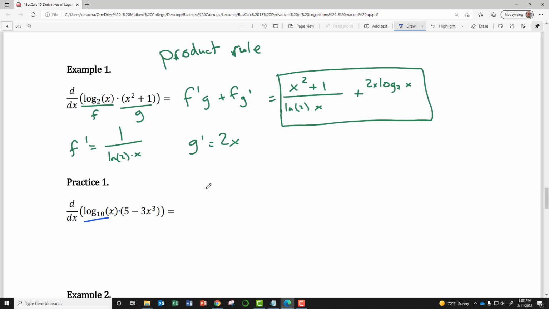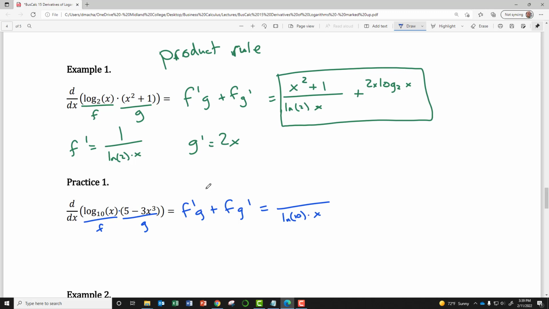So again, product rule. This is my f function. This is my g function. So I have f prime g plus fg prime. So f prime is going to be 1 over natural log 10 times x.